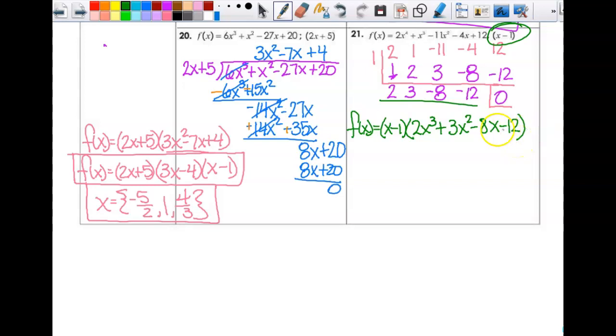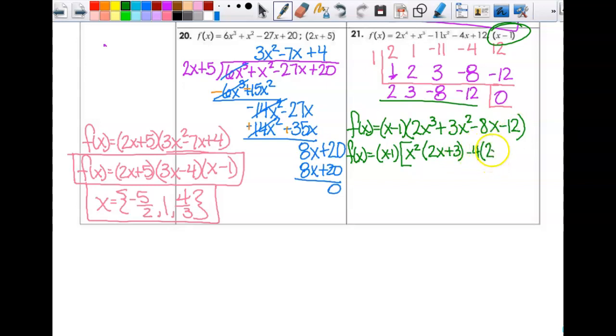So then I need to factor this. I've got 4 terms, so I have to factor it by grouping. So f of x is equal to x minus 1, and then I'm going to use brackets because there's too many parentheses here. I can factor out an x squared, and that leaves me with 2x plus 3. Then here I can factor out a -4.